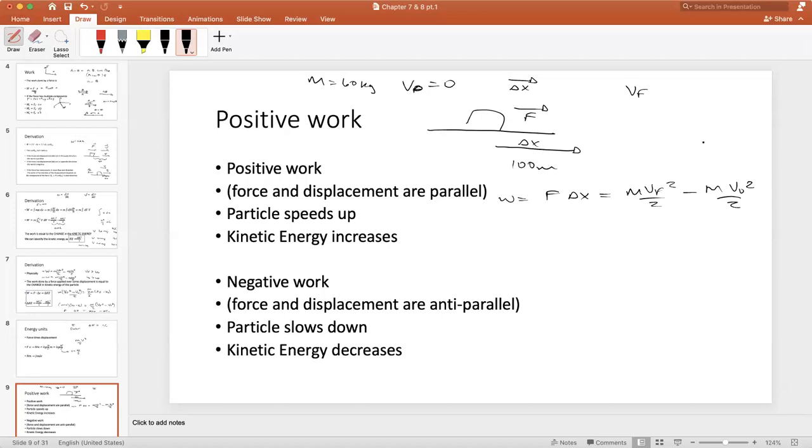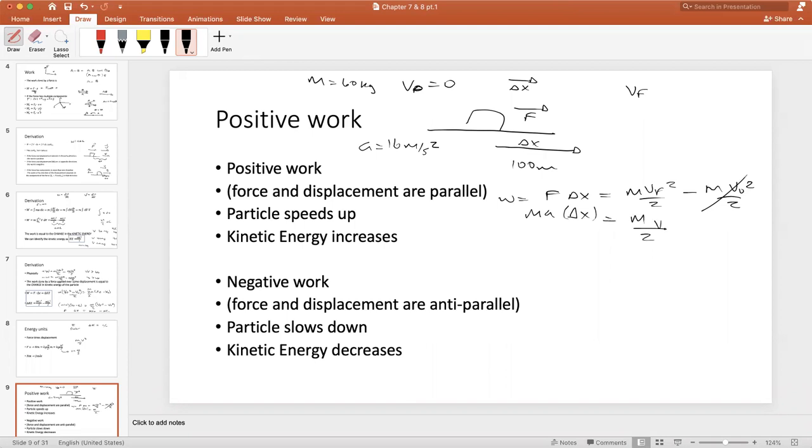Is it going to be positive or negative? Well, it has to be positive. Why? Because we know that v final is going to speed up, right? So our force is ma. What is a? I don't know. Let's choose something. 16 meters per second squared. Okay, so that means this is ma times 100. Let me not do that. Let me leave it as delta x. I'm trying to not jump into numbers right away.